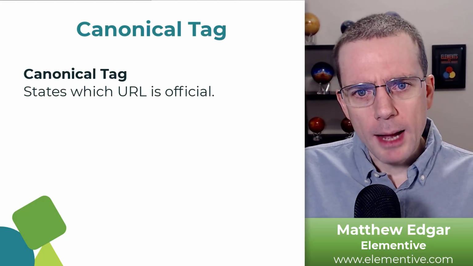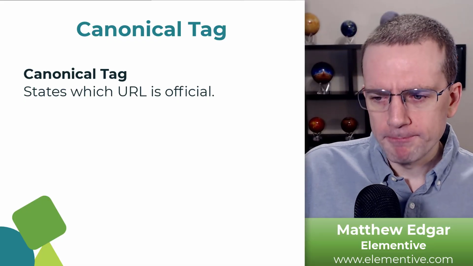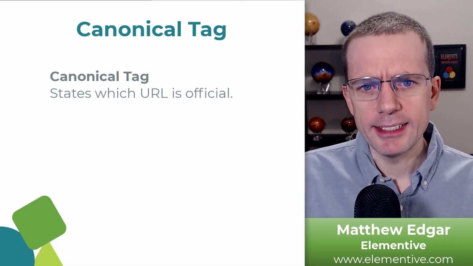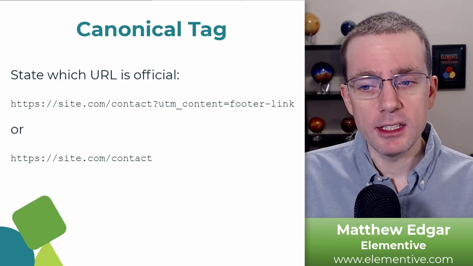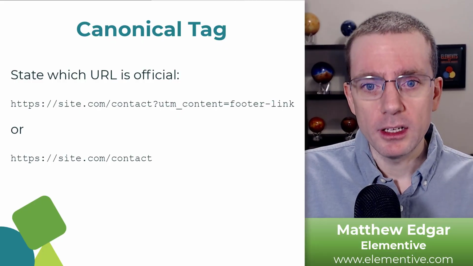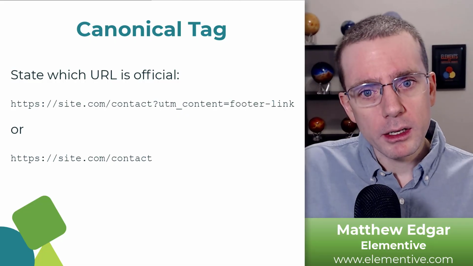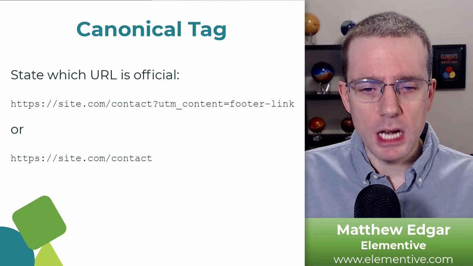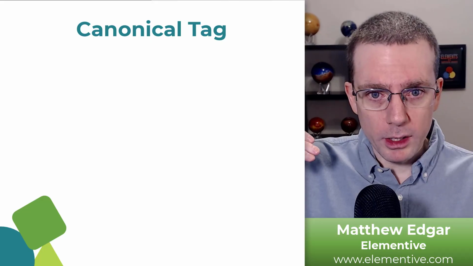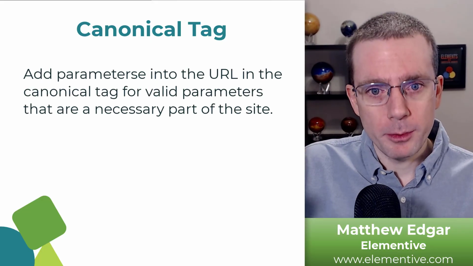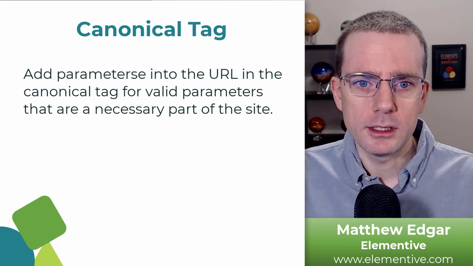The first of those options is a canonical tag. So a canonical tag tells Google which URL is the official version. So with a canonical tag, you can tell Google whether those parameters are part of the official site structure or not. Now, this is what you want to do for valid parameters that are a necessary part of the site.